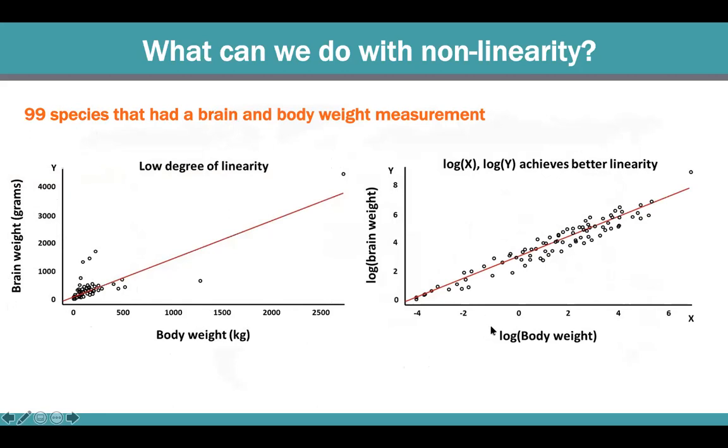But after we log the body weight and we log the brain weight, we can get a quite good linear pattern. I won't talk much about the mathematical things in here, why the log x and log y can give us a better linear model. If you are interested, we can talk about it maybe later.